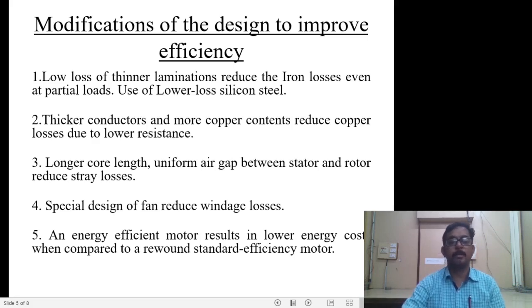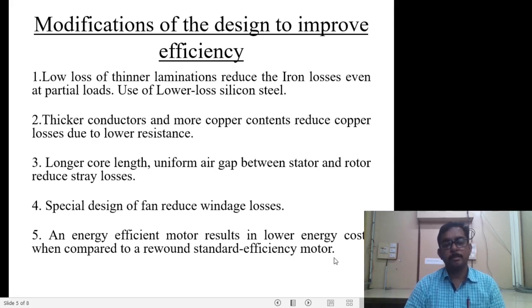Special design of the fan to reduce the windage losses. The fans are used to reduce the windage losses, that is, heat losses. So we can design a special fan to reduce these particular heat losses. An energy efficient motor results in lower energy cost when compared to a rewound standard efficiency motor.